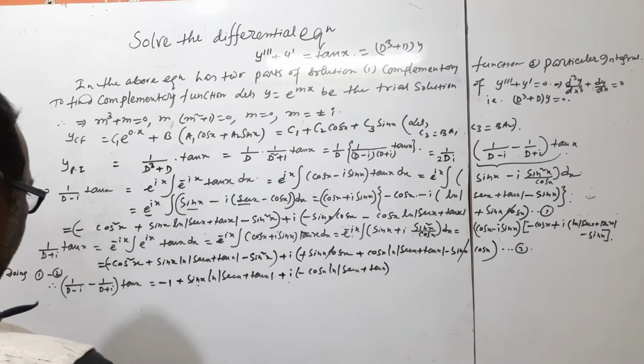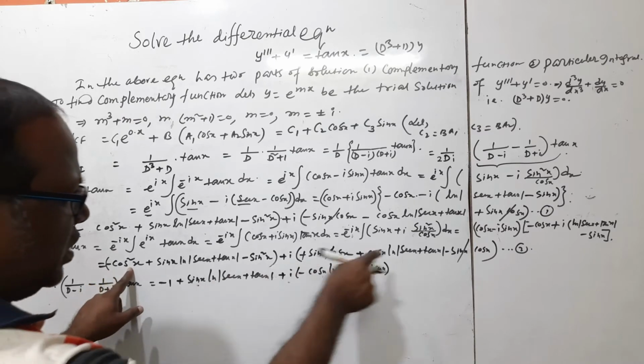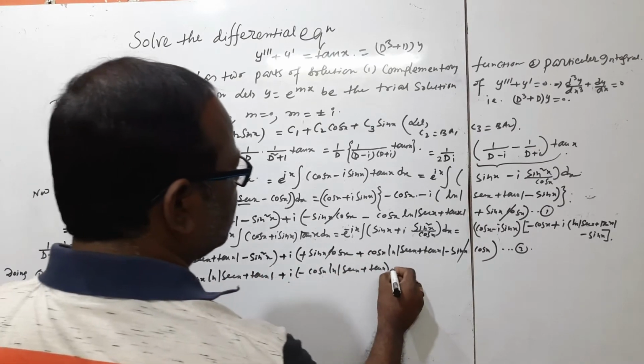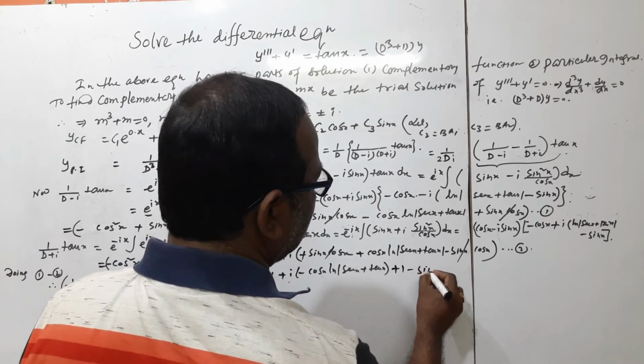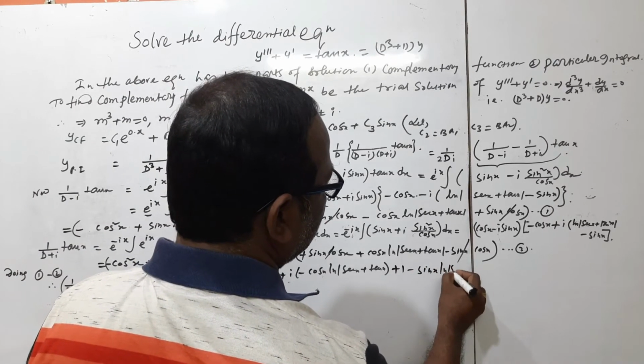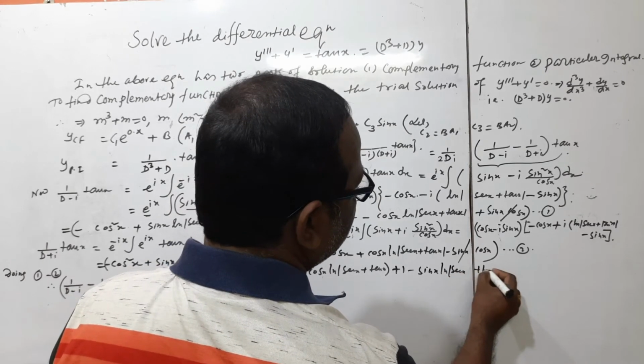Okay, doing minus this whole thing, minus minus plus 1, and this is minus sin x ln mod sec x plus tan x.